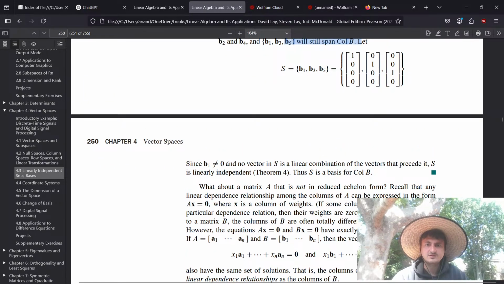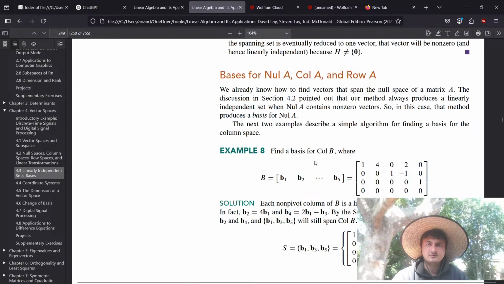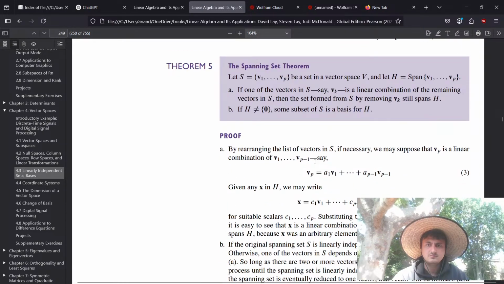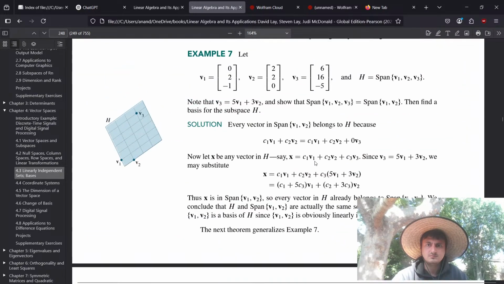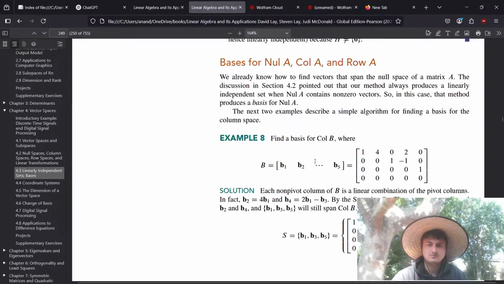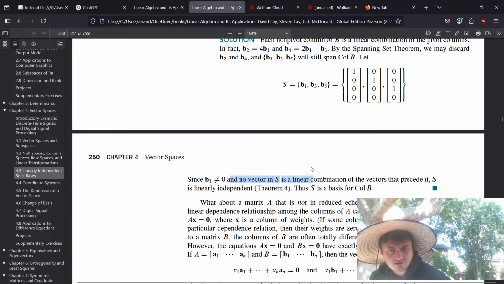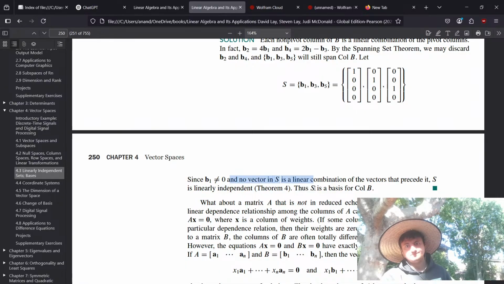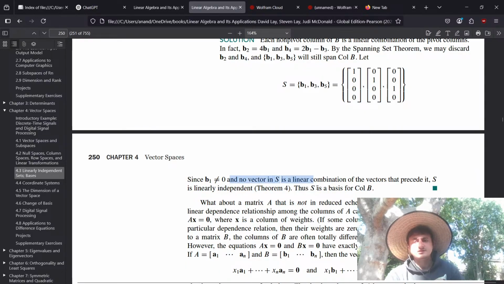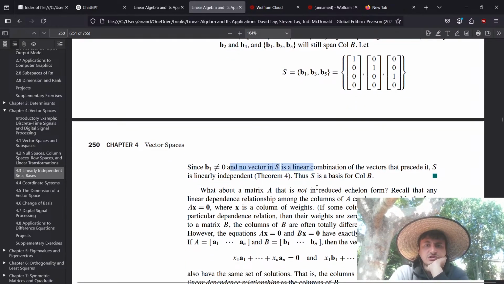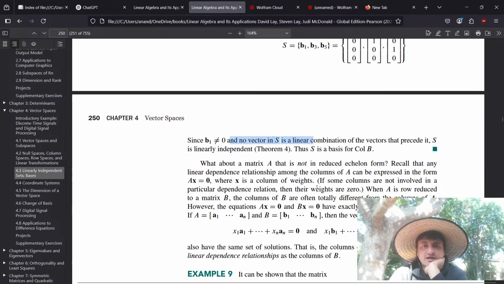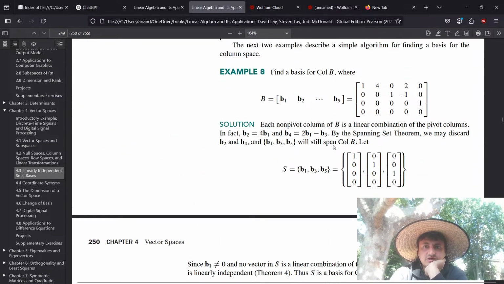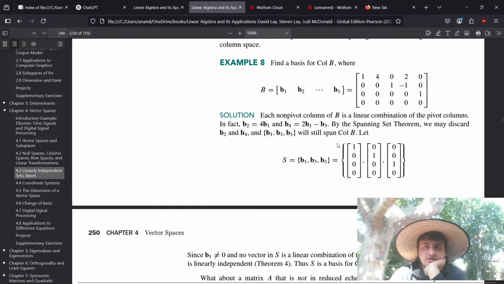Since B1 is not equal to 0 and no vector in S is a linear combination of the vectors that precede it, S is linearly independent. Thus, S is a basis. Okay, so because there's no linear dependence relation, it's independent, and then it spans the column space.